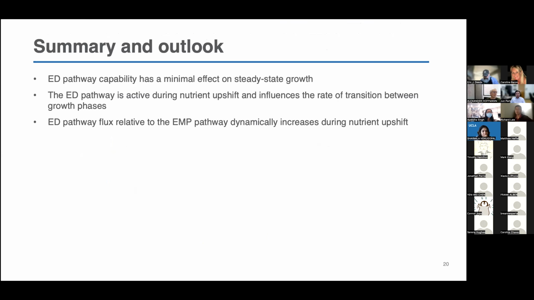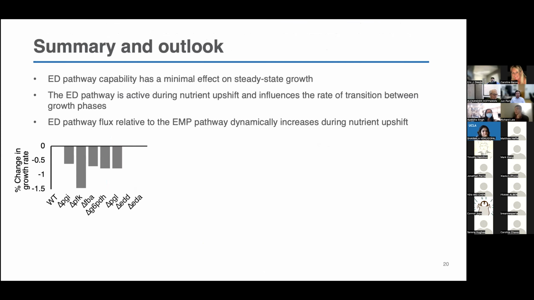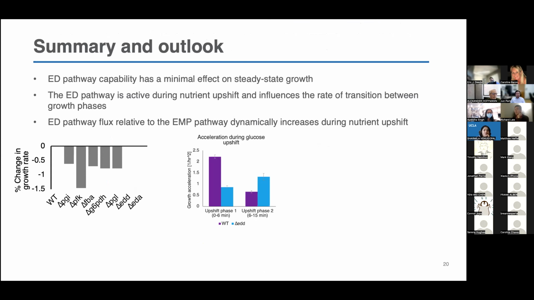So as a summary and outlook of everything we've learned today, we first did computational estimates of steady state growth fluxes for the ED pathway and ED knockouts. And we demonstrated that the ED pathway seems to have a minimal effect on steady state growth. But when we investigated nutrient upshift conditions, we see that the ED pathway actually influences the rate of transition between these growth phases.